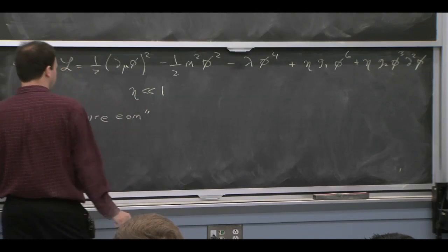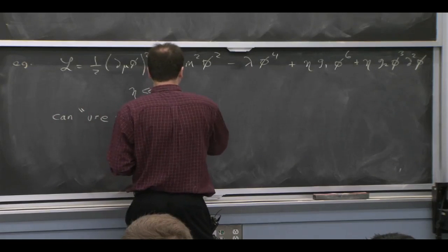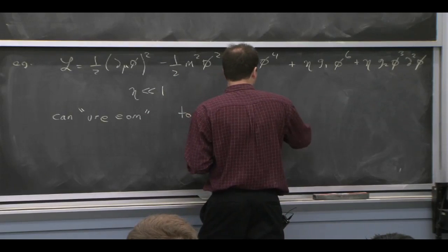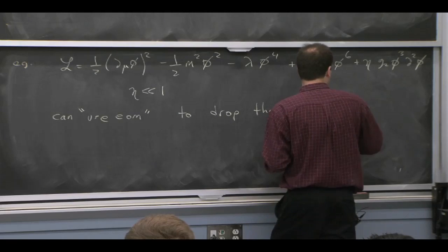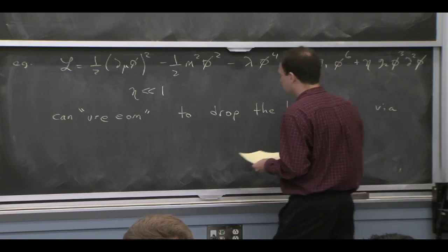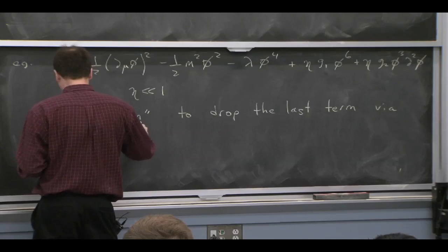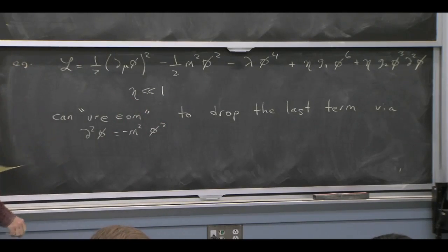And the statement that we want to explore is the fact that we can use the equation of motion to effectively drop the last term by using the equation of motion.